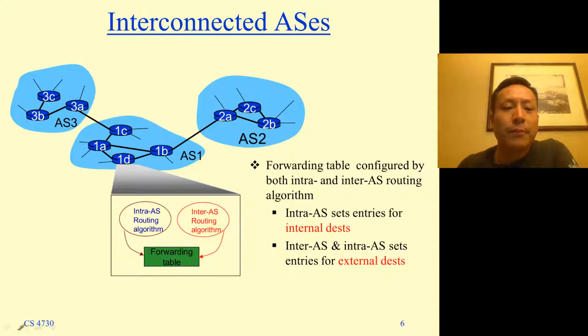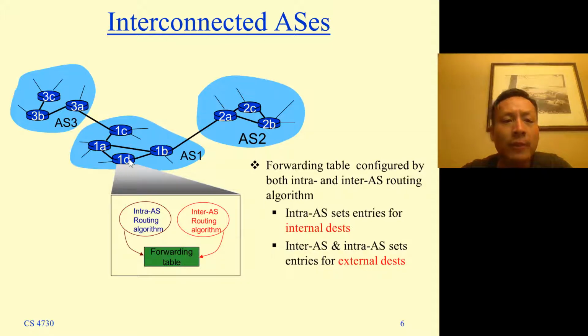Specifically, for a route inside a specific domain, the forwarding table has to be decided by both the intra-domain routing algorithm and the inter-domain routing algorithm.